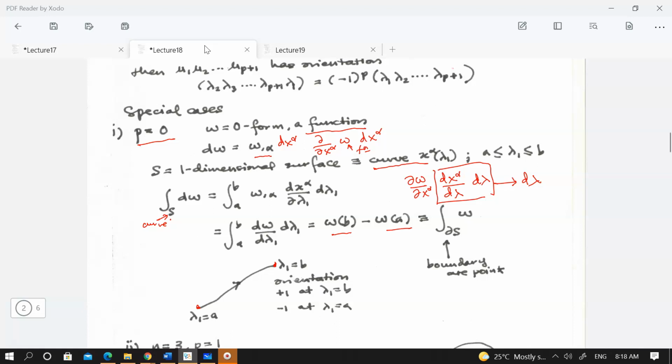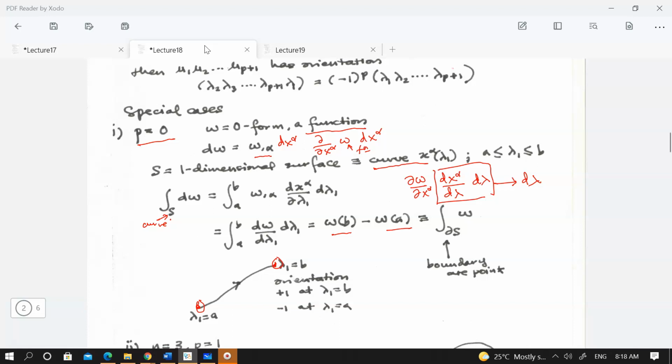So you do the integration and you get the integral evaluated at the endpoints. But what precisely is this? You can think of this as the boundary. So this gives you the boundary of this curve.